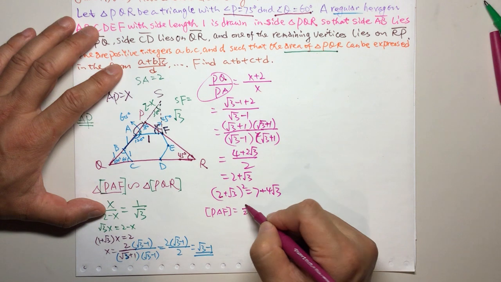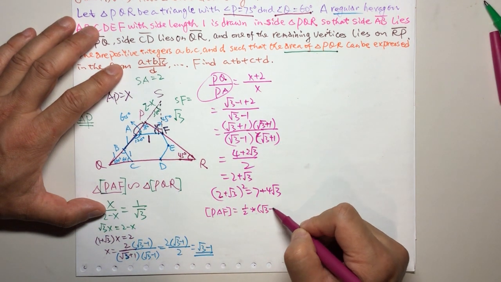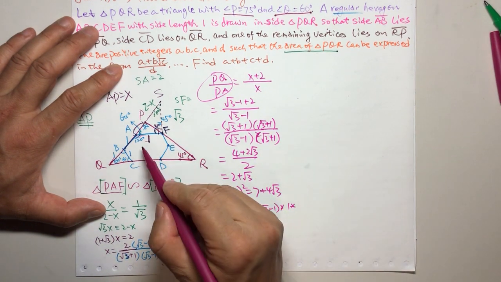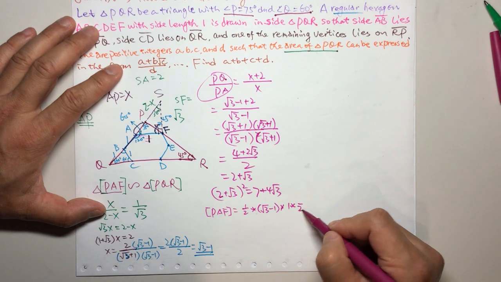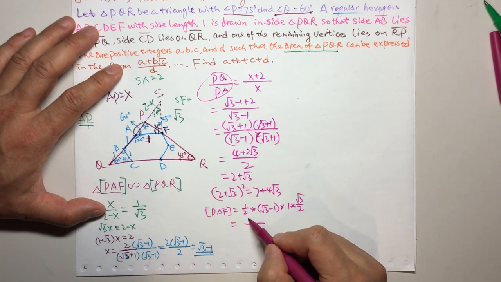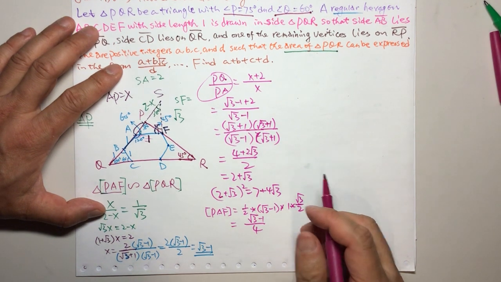PAF is 1/2 times AP, that's square root of 3 minus 1, times this is 1, times sine 60 degrees. So it is square root of 3 minus 1 over 4.